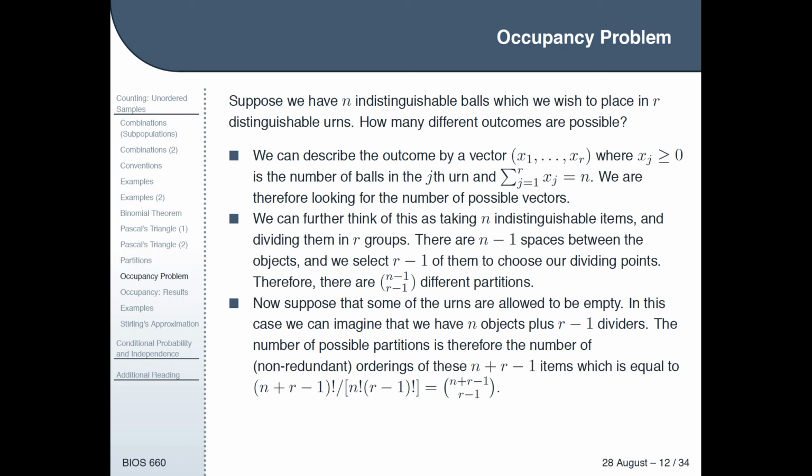But given a particular ordering, the ordering of the balls is redundant. We don't care about the ordering of the balls. So that means that we're overcounting by a factor of n factorial, because there's n factorial different ways that the balls can be ordered.